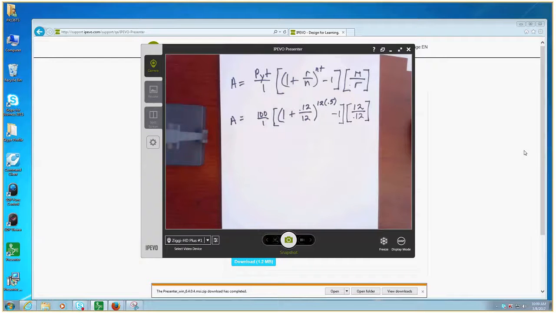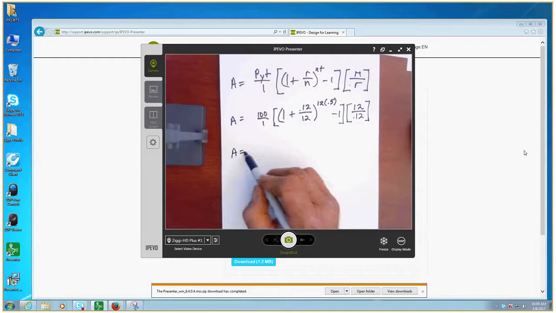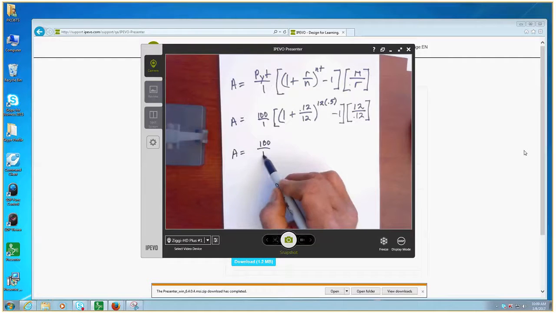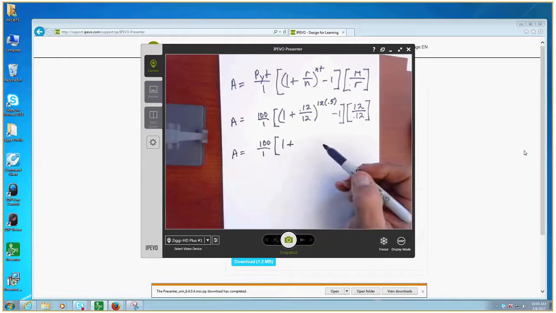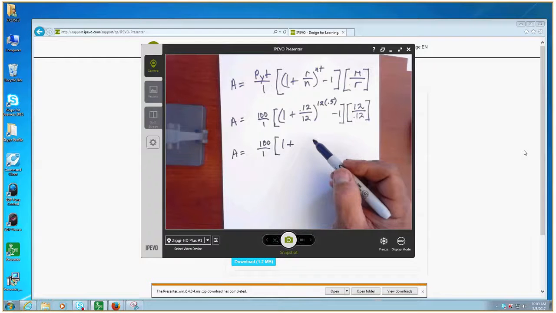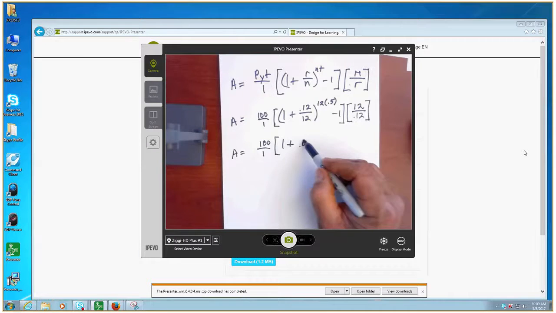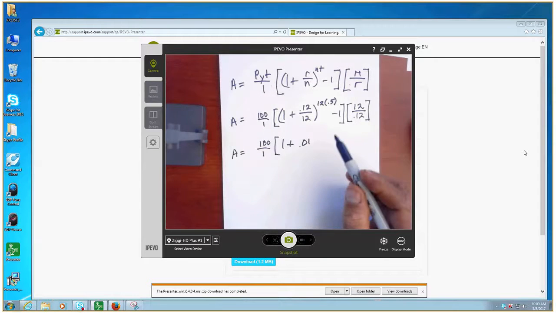Now we still don't need the calculator yet because we still have some simplifying to do. A is equal to 100 over 1 plus 0.12 divided by 12 is 0.0 what? Okay, you should be able to do that because 12 divided by 12 is 1. You've got 2 decimal places.